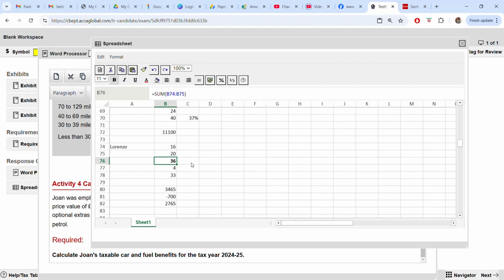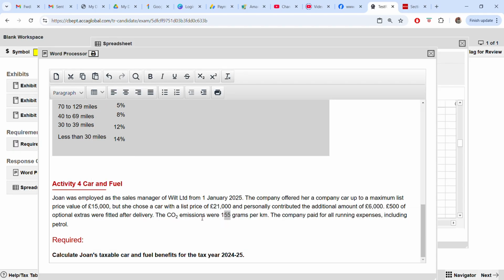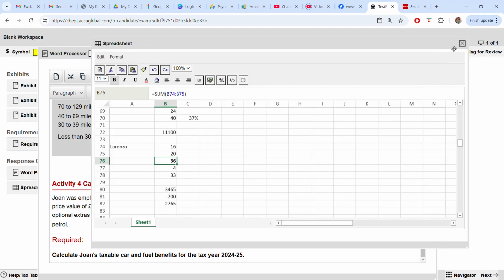Now, list price. Remember, when you are making a capital contribution, you have to adjust the list price. So now, the list price is 21,000. But there were some contributions that was made. He has made 6,000 contribution. Remember, you can reduce the capital contribution, the lower of 5,000 and the employee's contribution. So in this case, 5,000 is lower than 6,000. So from 21,000, you can deduct 5,000.